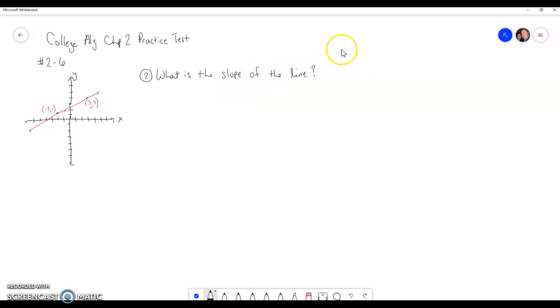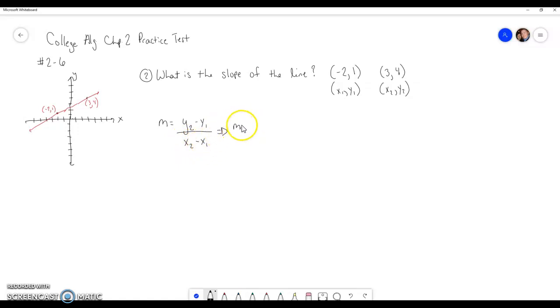Okay? Again, we have the points -2, 1, and 3, 4. I'm going to label them x1, y1, and x2, y2. Okay, and I'm going to use my slope formula. So my slope says that m equals y2 minus y1 over x2 minus x1.